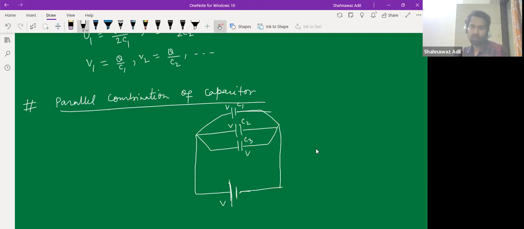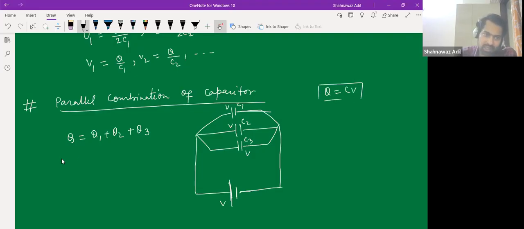So V is same, which means that charges would be different because there is the branching of the charges. Whenever there is a branching of charges, the charges would be different. So the total charge would be Q1 plus Q2 plus Q3, right? So this is this Q. We know that this is CV.